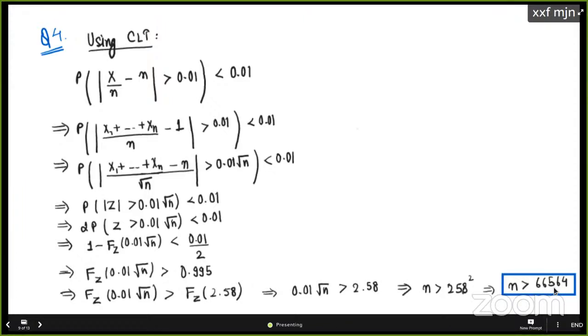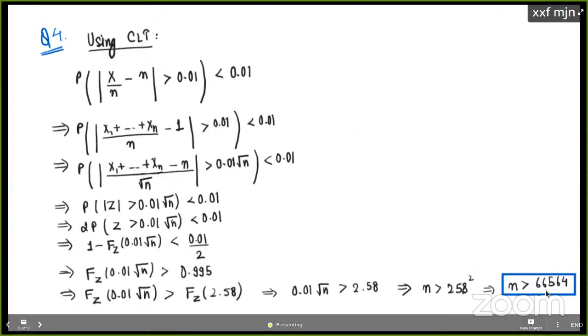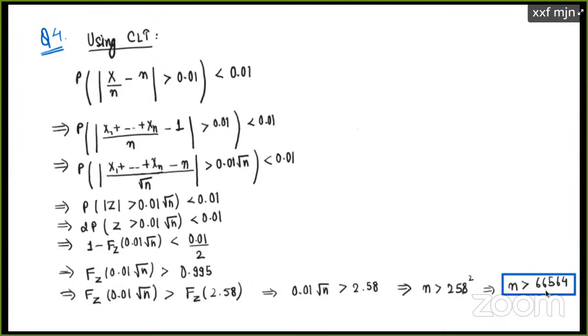If in the options 66564 is also there, it is an incorrect answer, because this inequality is not greater than or equal to, it is strictly greater than. So 66564 is also a wrong answer. Your value should be 66565, it should start from that point.